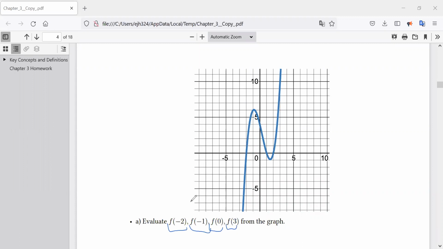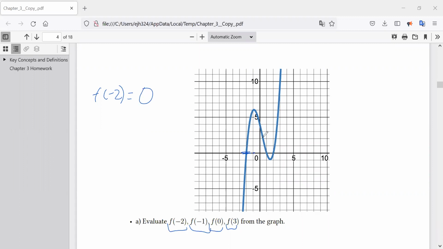What happens when I evaluate this at f of -2? Well, I go to the x-axis and I find -2, and I look at what the y value is. So what's the y value here? It's the y value at x equals -2. 0. Exactly. What about f of -1?